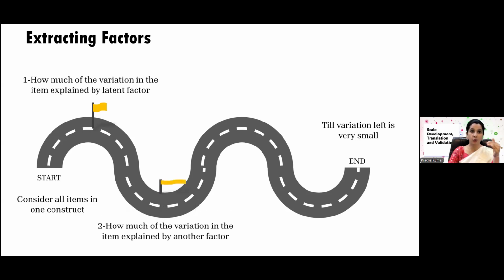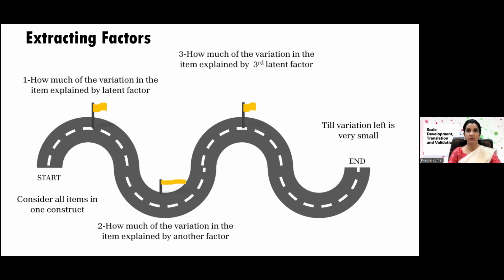Similarly, factor 2 will be decided by how much of the variation of the item was explained by another factor, and similarly factor 3 and factor 4 will be extracted, till in the end there should be very small variation left in those items. Basically, we are talking about variation in the item.